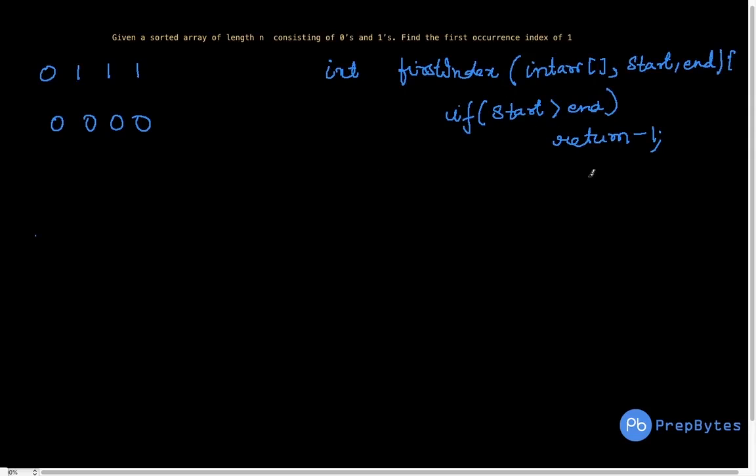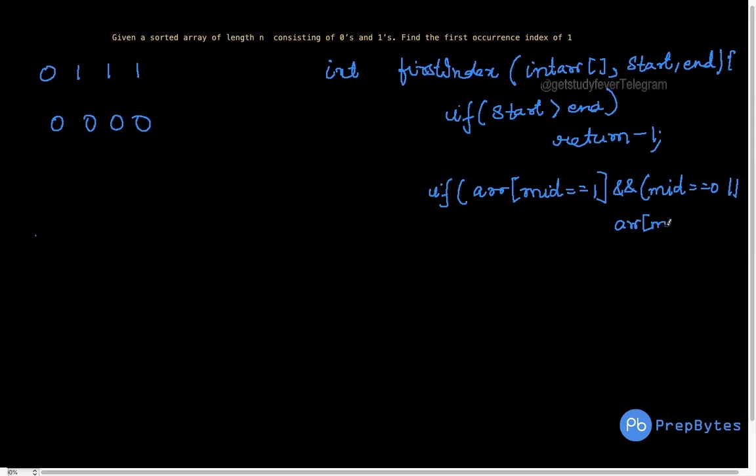In that case, we simply return -1. If that is not the case, we check if arr of mid is equal to 1 and mid is equal to 0, or arr of mid - 1 is equal to 0. In this case, I'll simply return the mid.